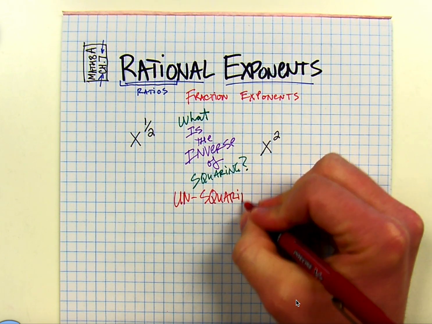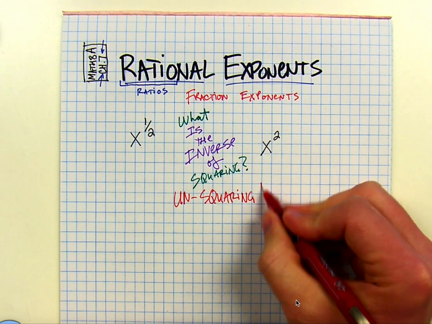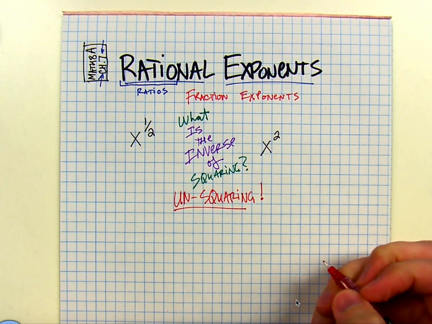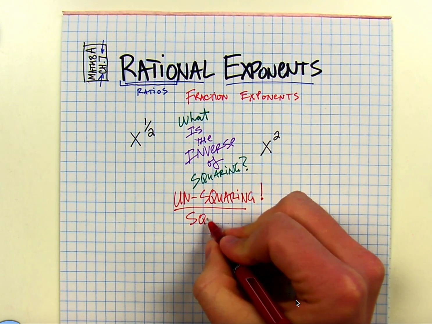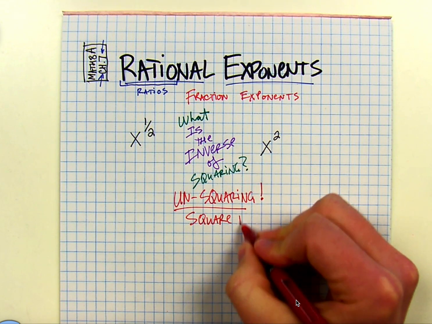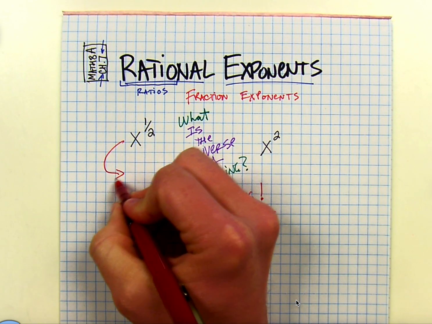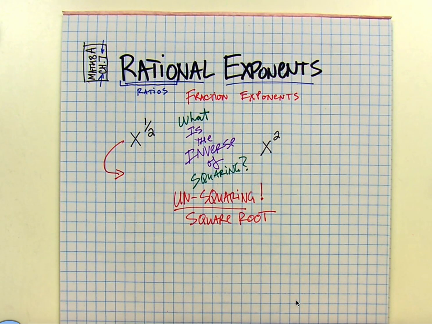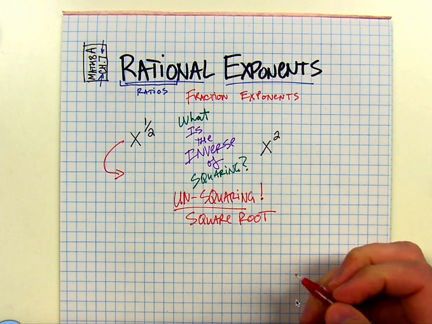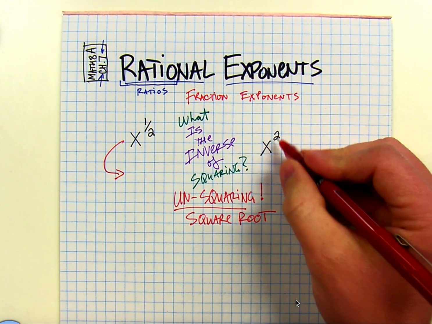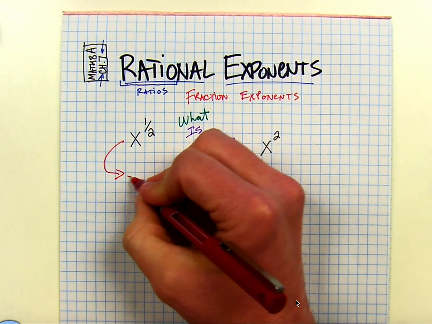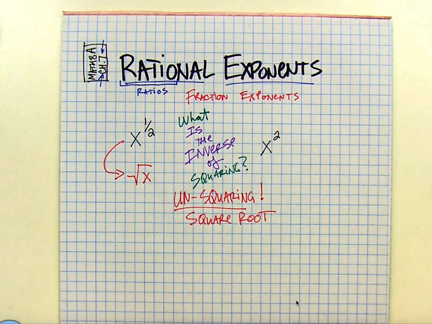Well, I call it unsquaring. Most people call that a square root. So what does x to the 1/2 mean? It means we're unsquaring the x. We're doing the inverse of squaring the x. We are square rooting the x.